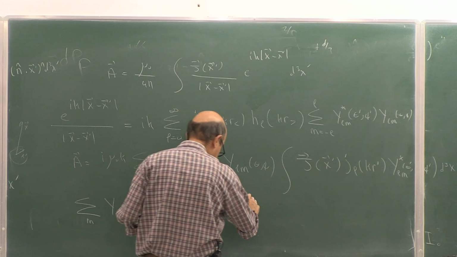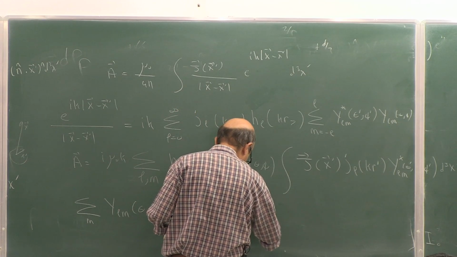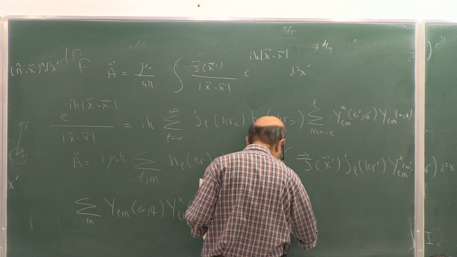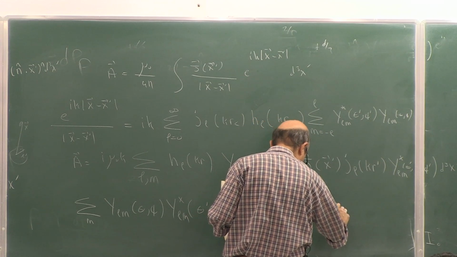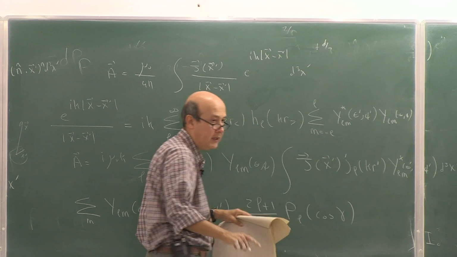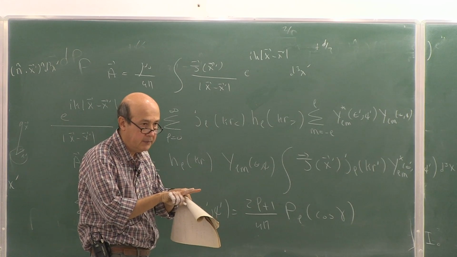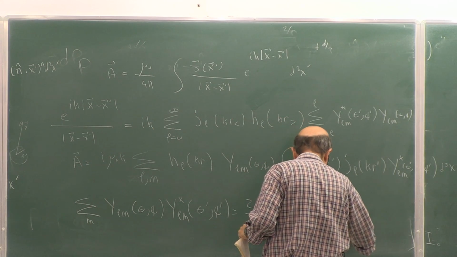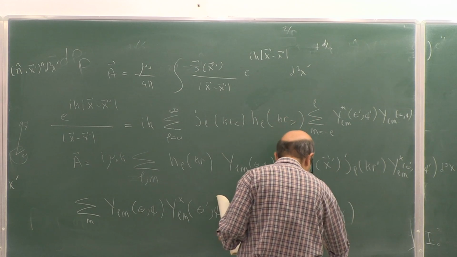it is equal to (2L plus 1) over 4 pi times P_L(cosine gamma). Gamma is the angle between n and n prime, n dot n prime.